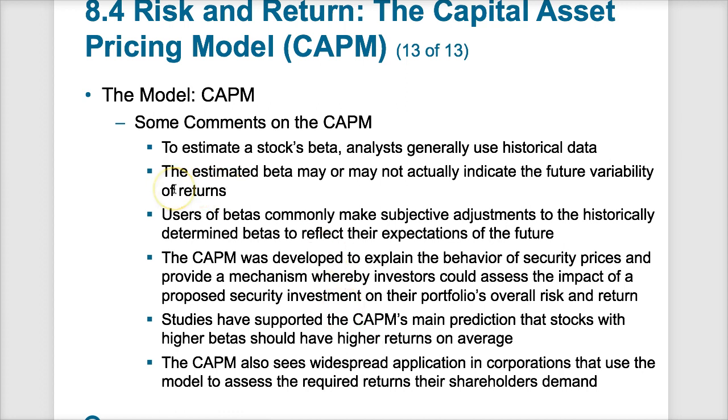So we can't say that the past share prices are always going to be a very accurate predictor of future share prices. You'll see this in most any portfolio, it will say that past performance is not a predictor of future performance. So in this case, we only have past stock data to work with for the beta coefficient, and that's one of the drawbacks of the capital asset pricing model because it may not duplicate in the future.